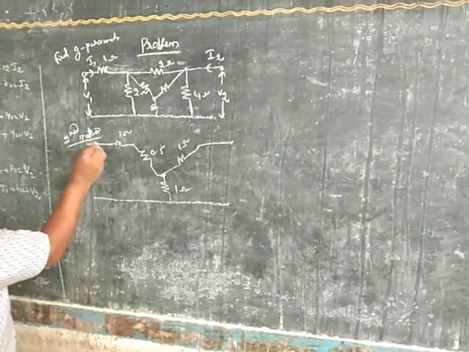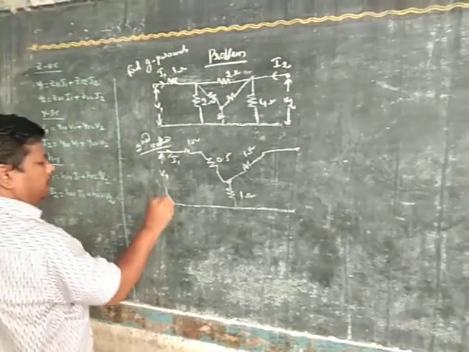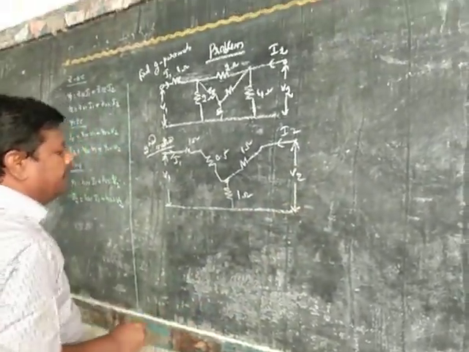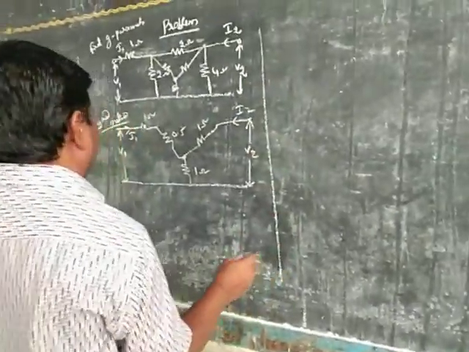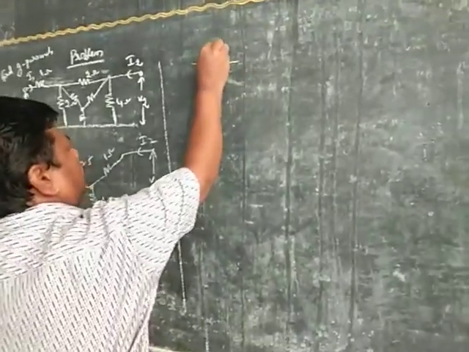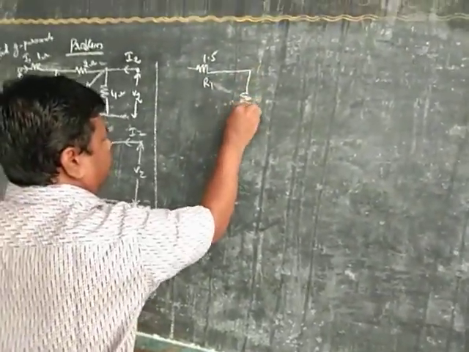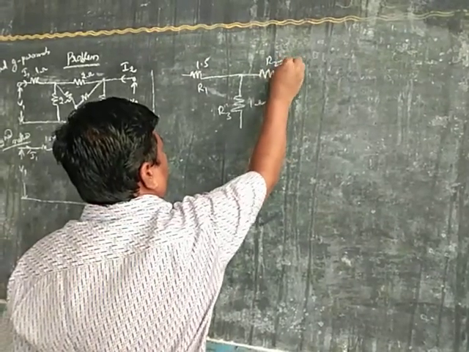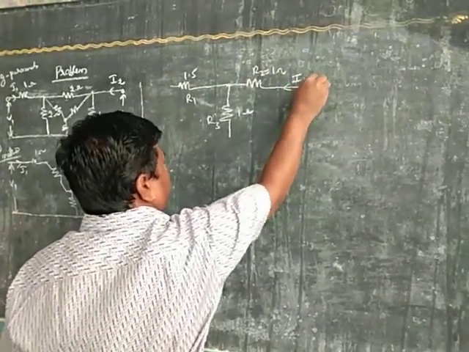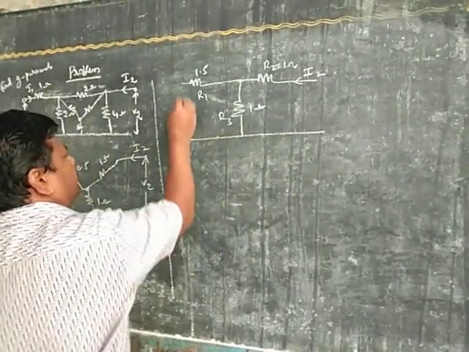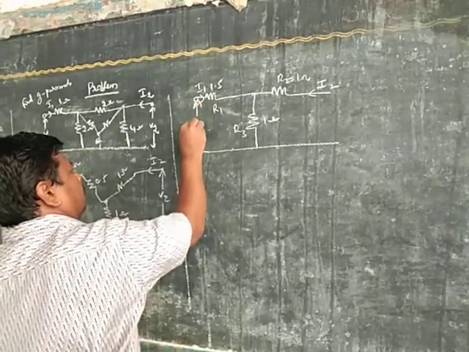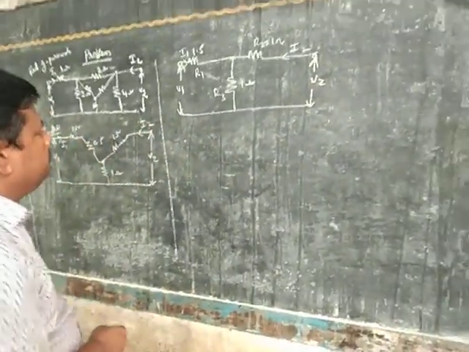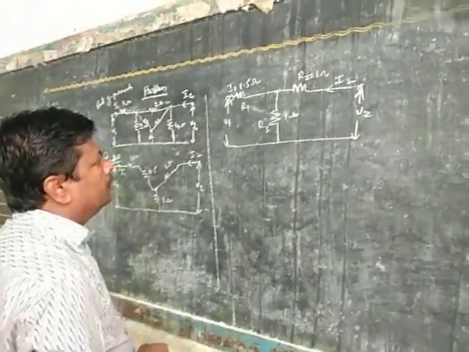This is the network with I1, V1, here it is I2, here it is V2. Then the simplified network is 1.5 ohm R1, 1 ohm R3, R2, 1 ohm, with I1, V1, I2 and V2. So 1.5 ohm, 1 ohm and 1 ohm.